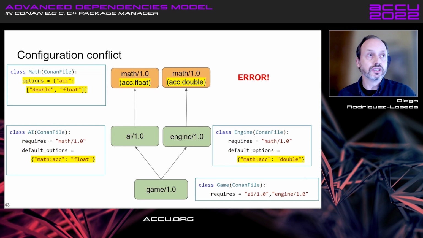And then the engine needs double accuracy, and they are using default options. So even if exactly the same version of math is used, the binary is still different. And we have two different binaries, and if game tries to link with these two different math libraries, you will get exactly the same duplicated symbols link errors, and it basically won't link.